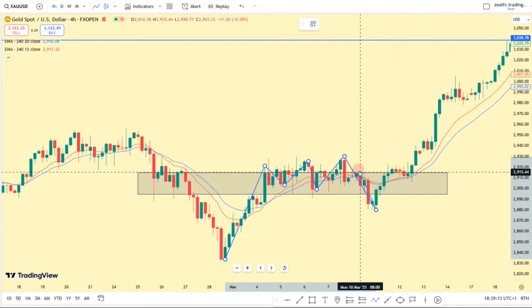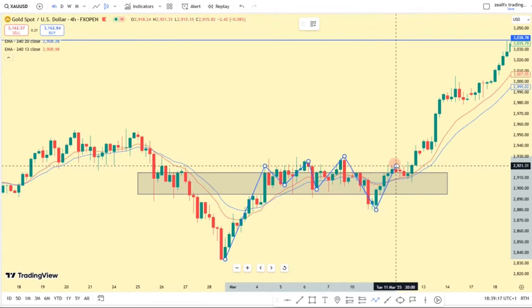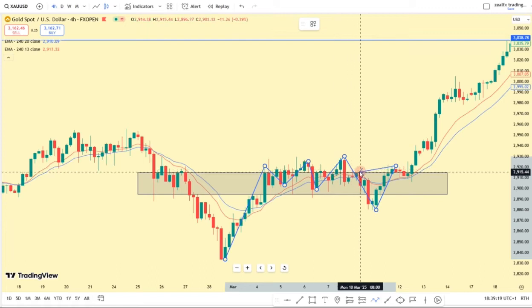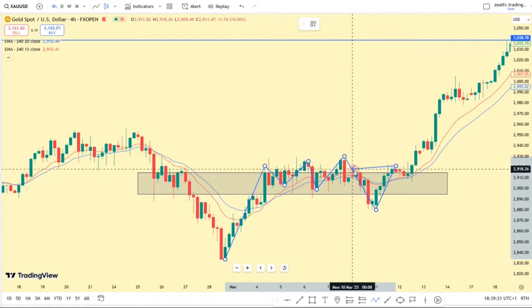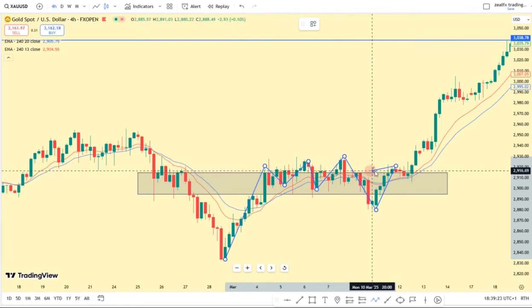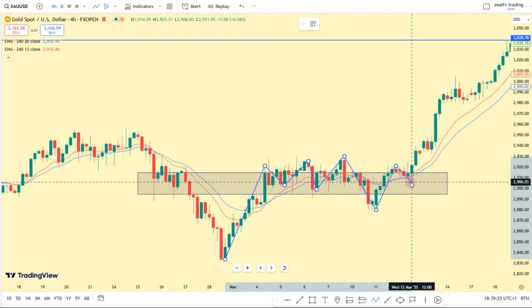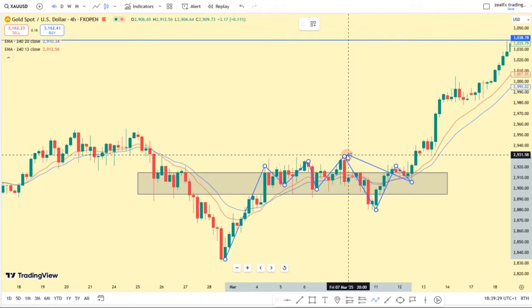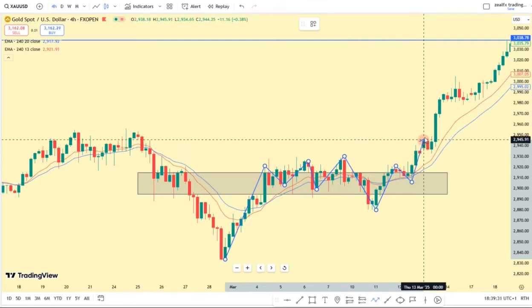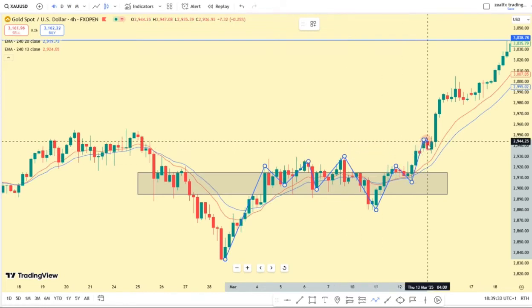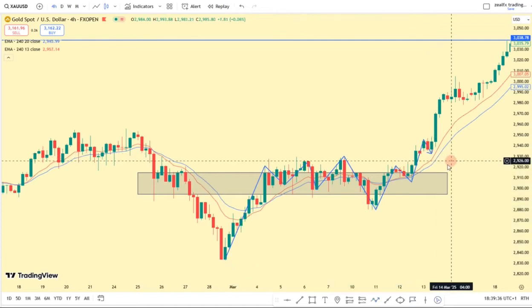Price went and closed above this lower high, so we expect a change of trend for price to push higher, and we expect price to retest.